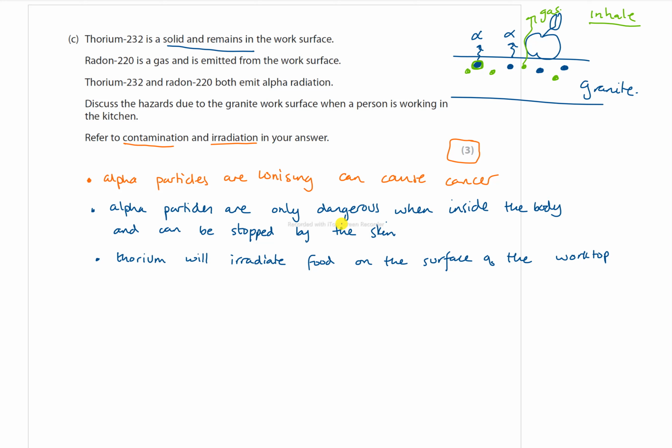Right. Okay. So we've got that. What else do we need? Radon gas.